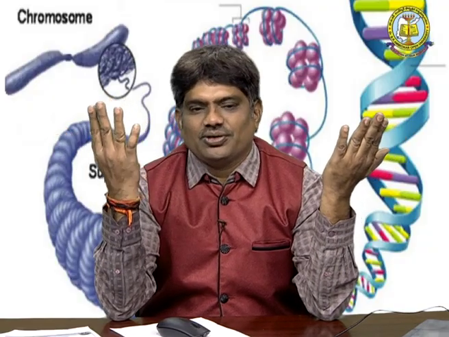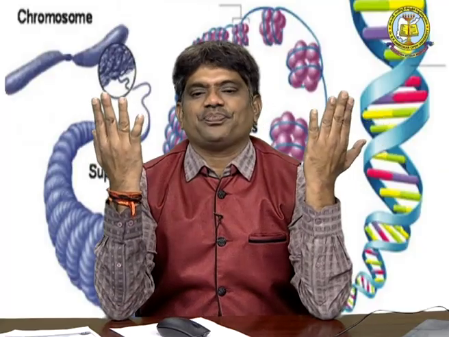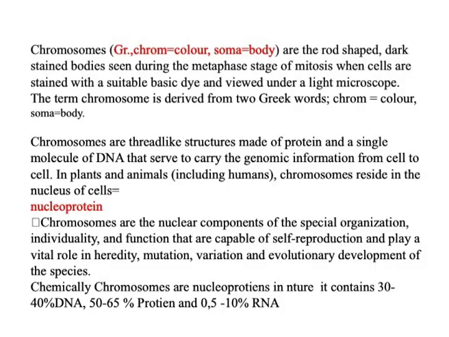They have self replication and play a vital role in heredity, mutation, variation and evolution of the species. I already told you, 30 to 40% is DNA, 50 to 65% is protein, and 10% RNA is present.